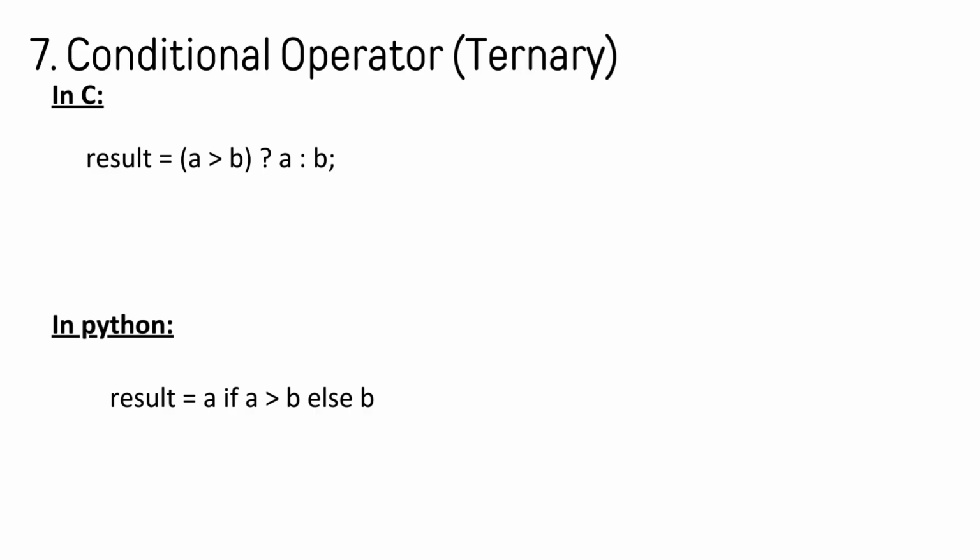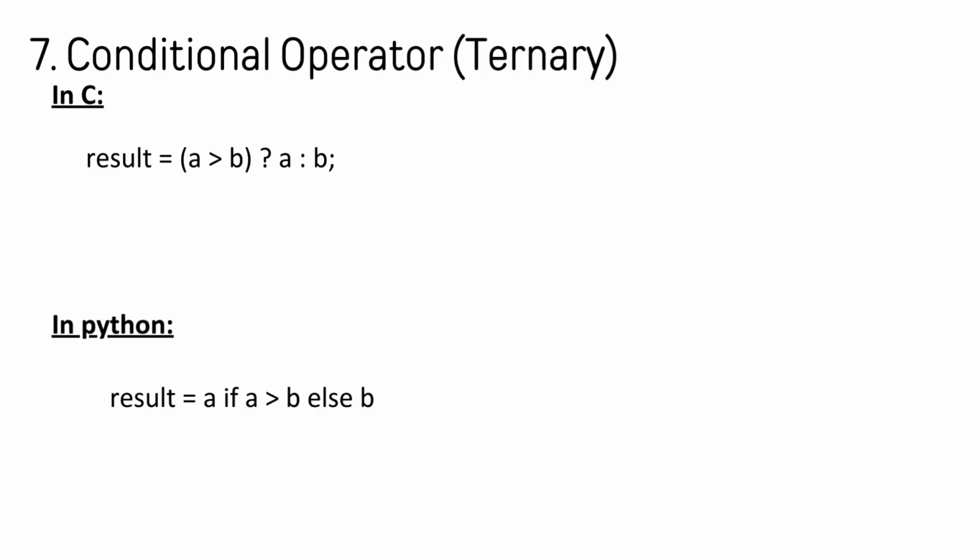Here the condition is a > b. If a is greater than b, the true result will be just after the question mark. That means if the condition a > b is true, it will show a, otherwise it will show b.